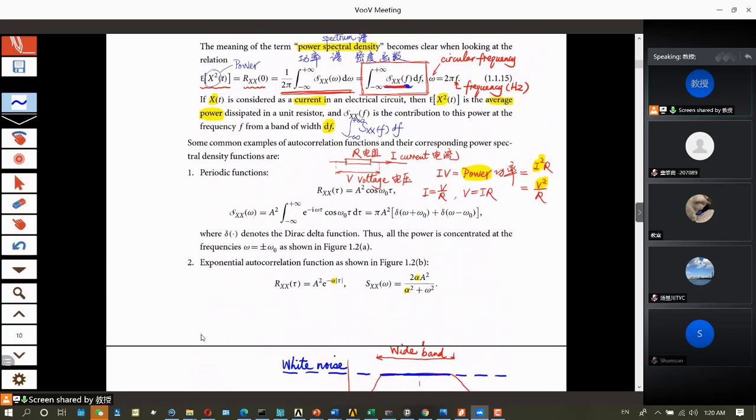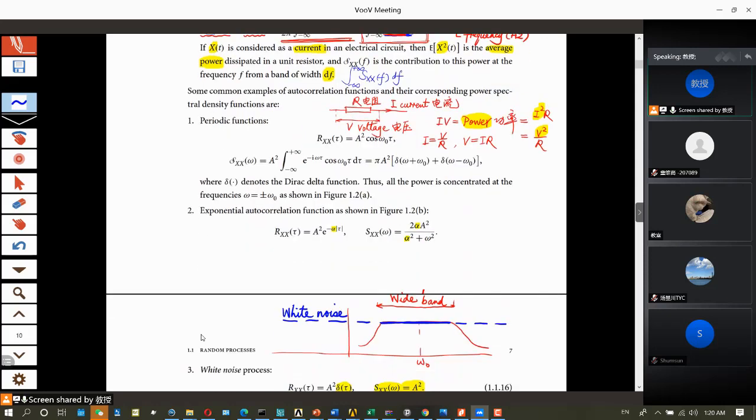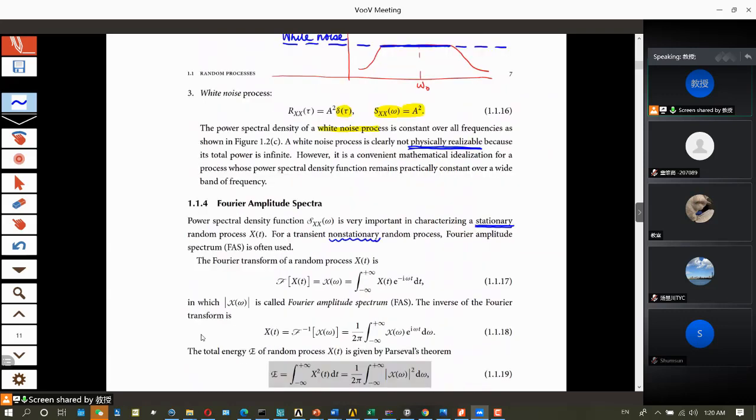Power is energy at a specific time, average energy at a specific time. For a non-stationary process, for example, earthquake ground motion.